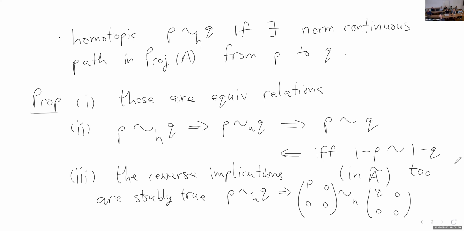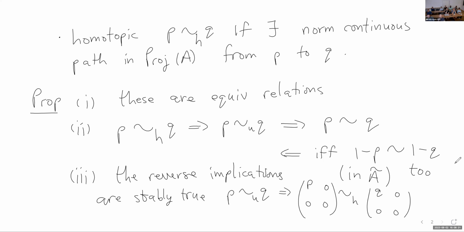To show that this is not true in general, I think there is an example in the 2x2 matrices over continuous functions on the 3-sphere. This one is a bit easier to show, so let me show you that.